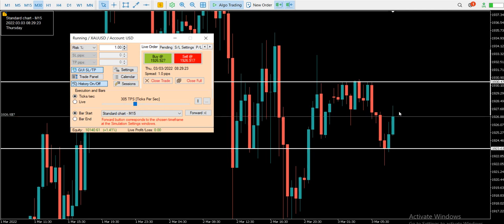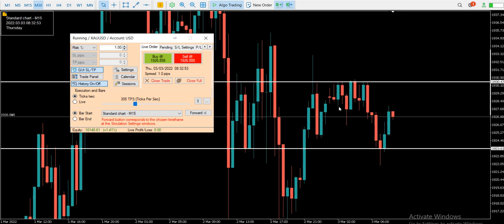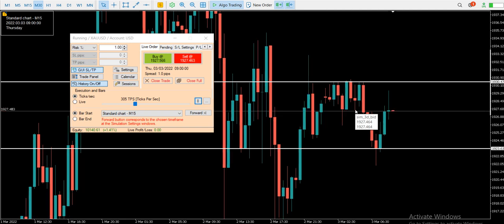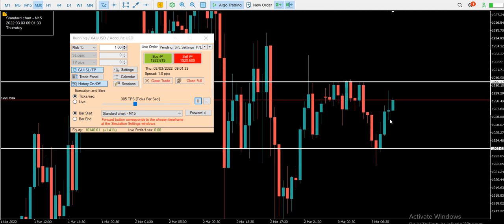Okay, we are pushing up and seems like we are rejecting this level. Okay, we're going up. We have 5 minutes left in candle closure, and this candle is going to reject this level, and now we may push down, but I need a candle closure below this support.